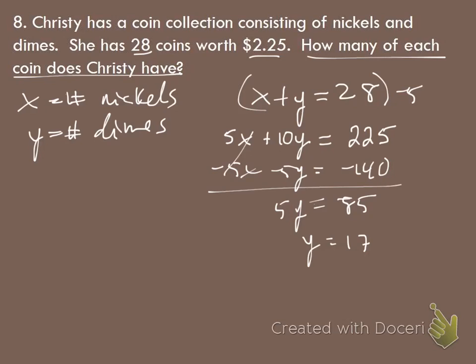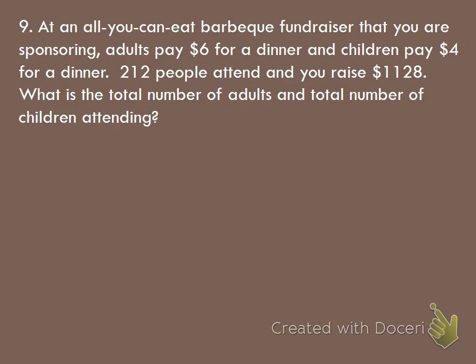So Christy has 17 dimes. You can use some common sense or actually plug 17 in for y and get 11. So 11 nickels and 17 dimes. Okay. All right. Last one. Try to set this one up, stop the video, start it back up, and see if you're right.